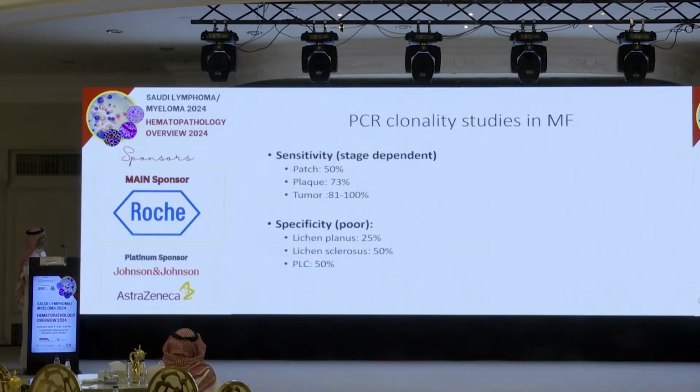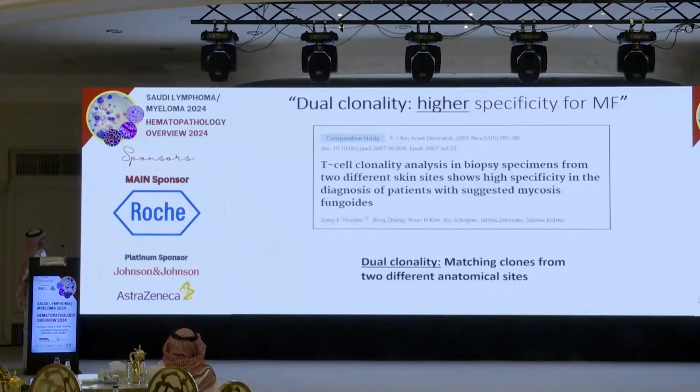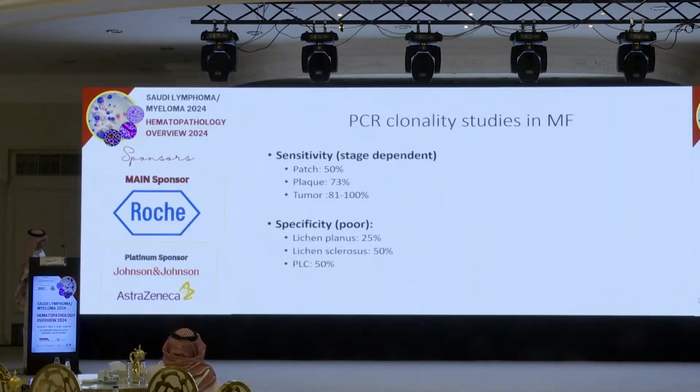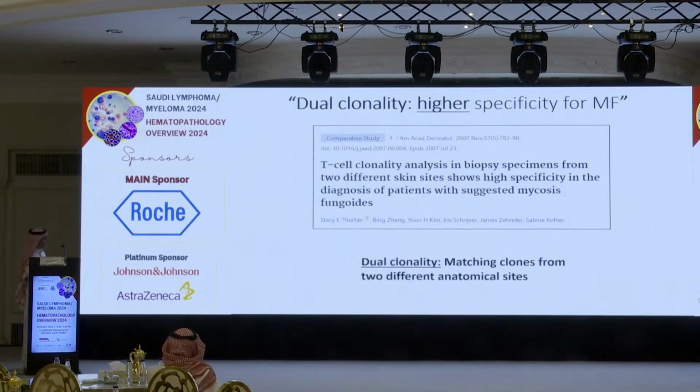PCR sensitivity in early stage of mycosis fungoides: sensitivity is 50% for patch, then the yield increases as the lesion progresses. Specificity for gamma delta is poor. So this is another technique using the TCR: we do two tests.